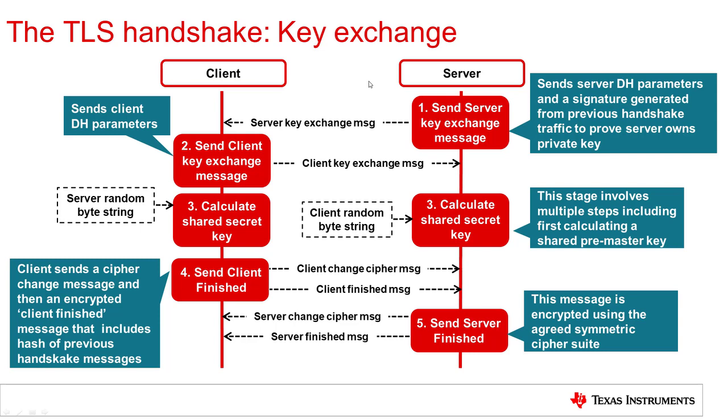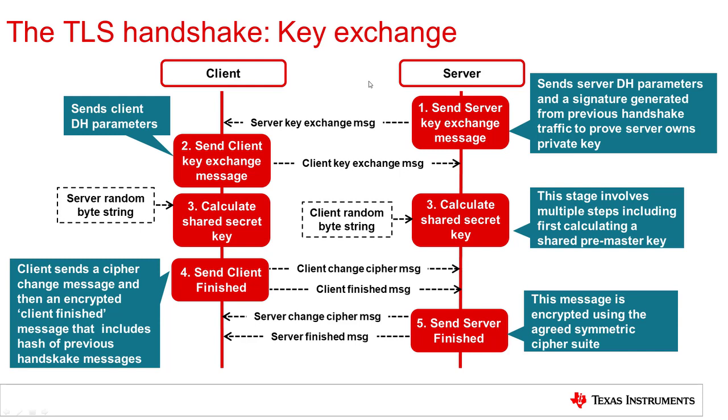Once the certificates have been authenticated, the next step is key exchange. And to remind you, what we're doing here is calculating the shared symmetric key that both parties will use for the main part of the communication throughout the rest of the session.